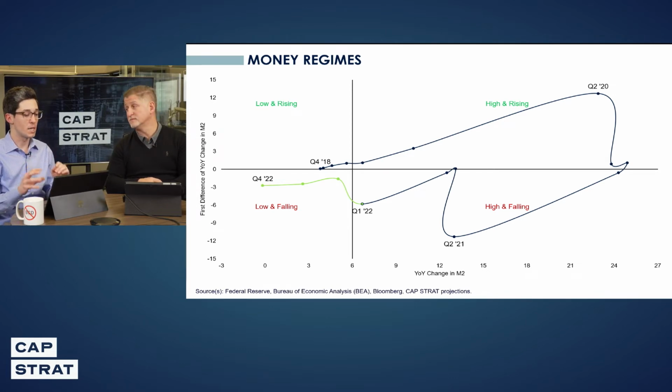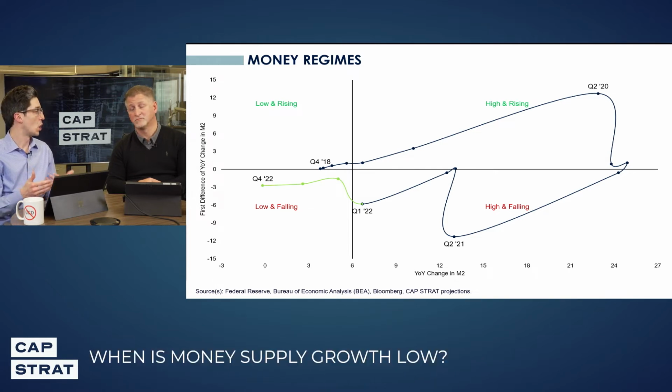These regimes mean different things for different asset classes. Generally speaking, if you were to apply an economic narrative when these things occur, and we've thrown some actual quarters and our forecasts up against these regimes to talk around the wheel. But generally speaking, when you're in low and rising, when is money supply growth low?